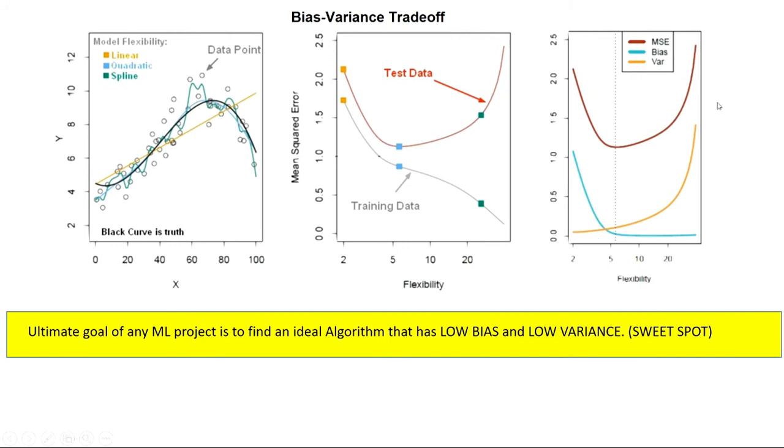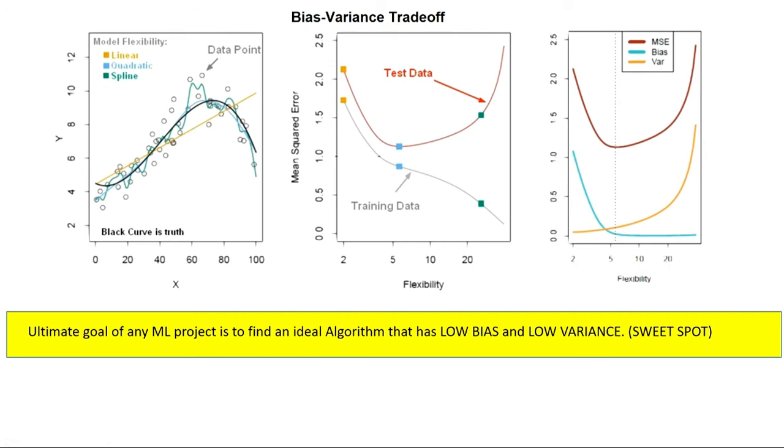On the right-hand side of your screen, there are three lines: red represents the test mean squared error, blue represents the bias, and orange represents the variance.